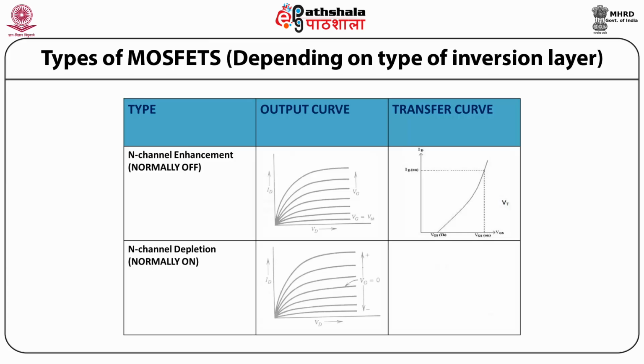The output curve, that is the variation between ID and VD, is like this for a fixed value of VG, and the transfer curve is like this, that is, some threshold VGS is required so that the transistor becomes on. Next type is the N-channel depletion type of MOSFET, which is normally on. The output curve is the same, but the transfer curve is a little bit different, that is, it is normally on.